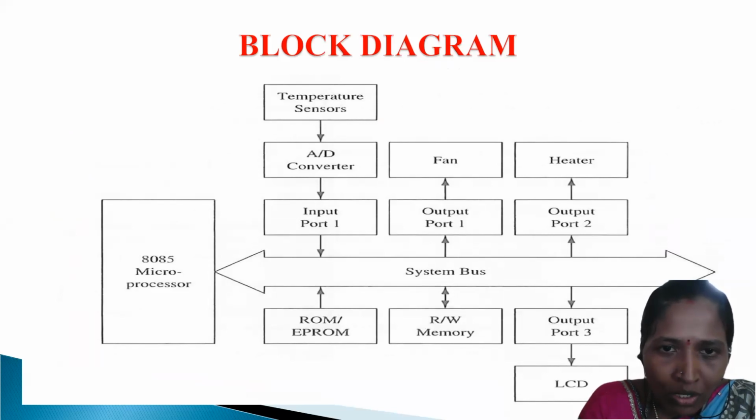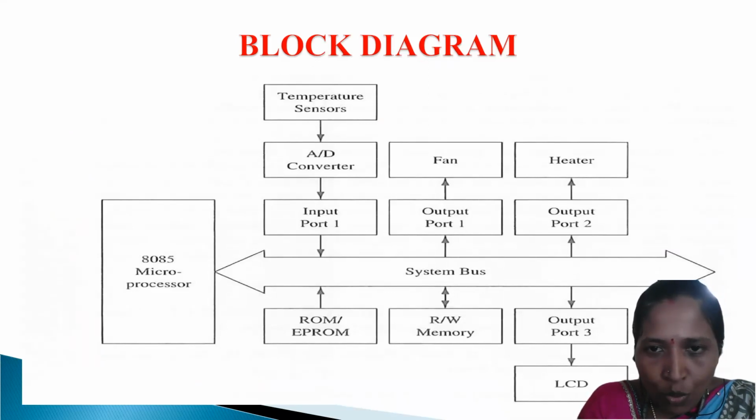Whatever comes from the temperature sensor is given to the A to D converter, and finally we read the temperature from the input port. Depending upon that, the fan or cooler turns on or off, or the heater turns on or off. That totally depends on the temperature, and finally we display the output at port 1 or 2.